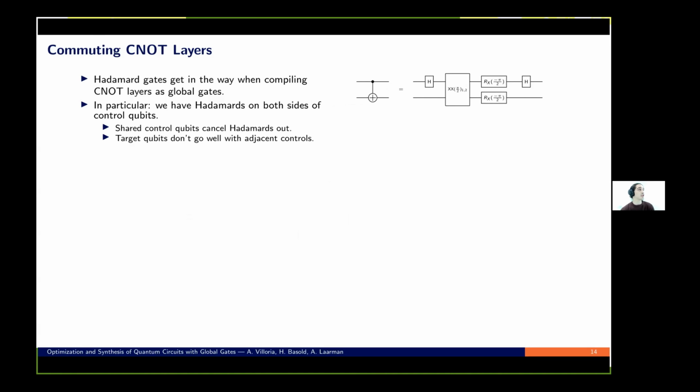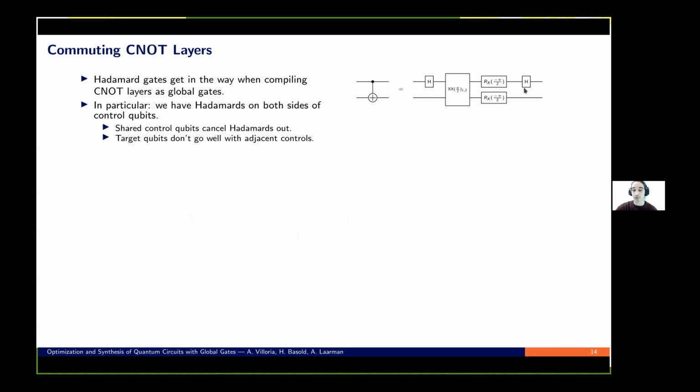But more generally, if you want to compile something that is a bit more powerful than a fan-out gate with a single global gate, you can go to commuting CNOT layers. And we can see this because when we compile one single CNOT as an XX rotation, for example, you will have Hadamard gates on the control qubit.